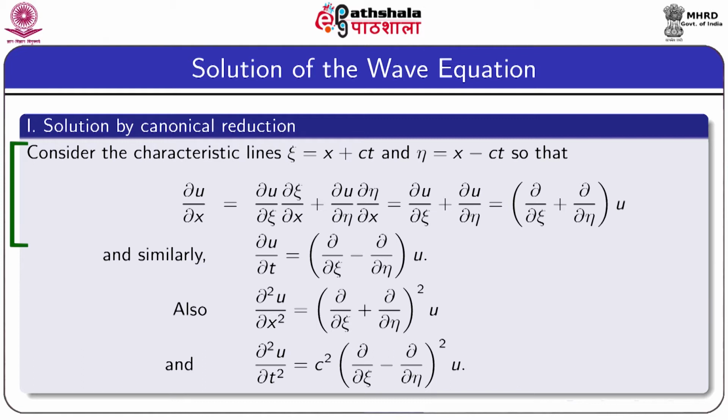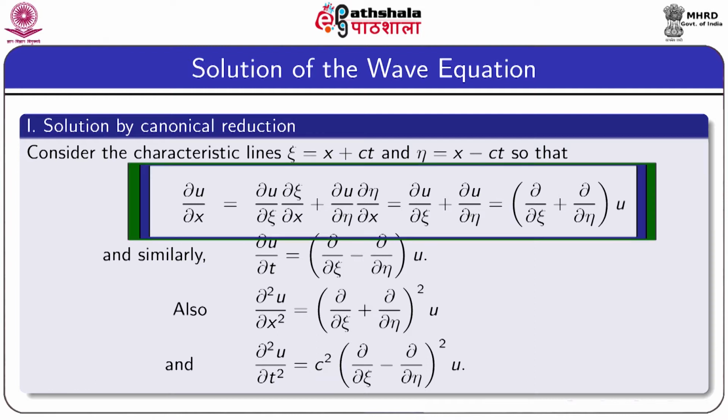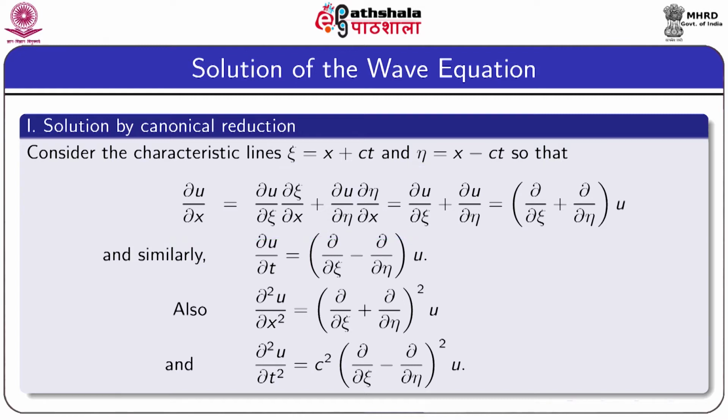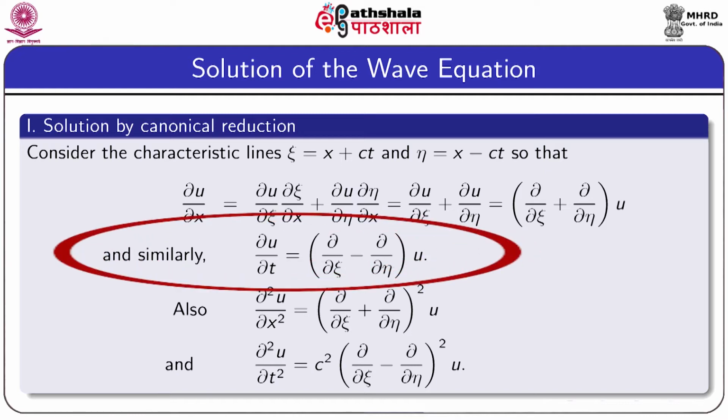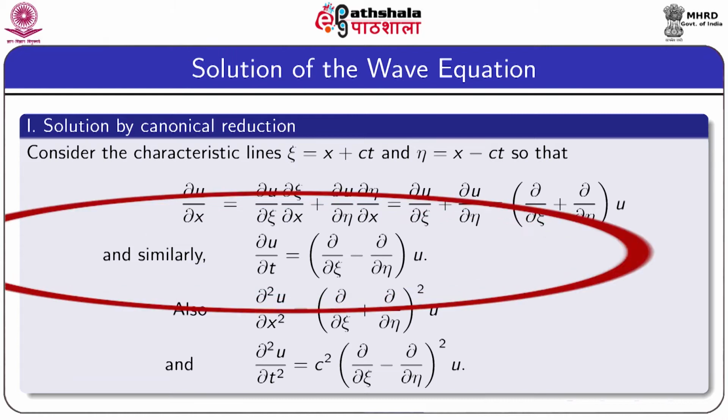Now, we shall try to write the given equation in terms of u, ξ and η. For that purpose, we calculate ∂u/∂x, which is shown here. It becomes (∂/∂ξ + ∂/∂η) of u, or equivalently we can say that the operator ∂/∂x is equivalent to ∂/∂ξ + ∂/∂η, and the operator ∂/∂t is equivalent to ∂/∂ξ − ∂/∂η.